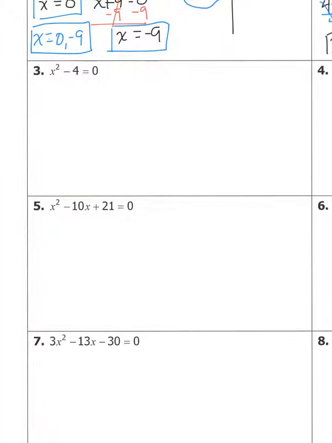And as soon as you identify that, you can set up your plus minus pattern. So you're going to take the square root of x squared, which is x, and the square root of 4, which is 2. And now you're going to set each one of those equal to 0.